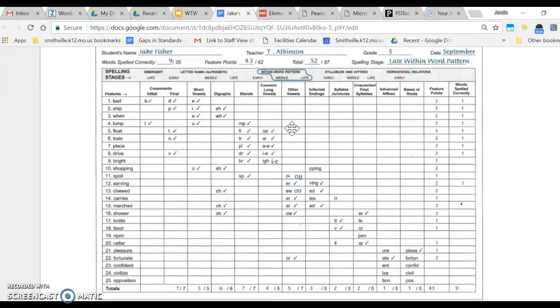So this student I would put in the middle within word pattern book. Depending on, I would also compare that to their reading and writing. Maybe their reading and writing shows that they actually do know a lot of those middle within word pattern features. So then you could put them into the late one if you felt like that was what was best for the student.